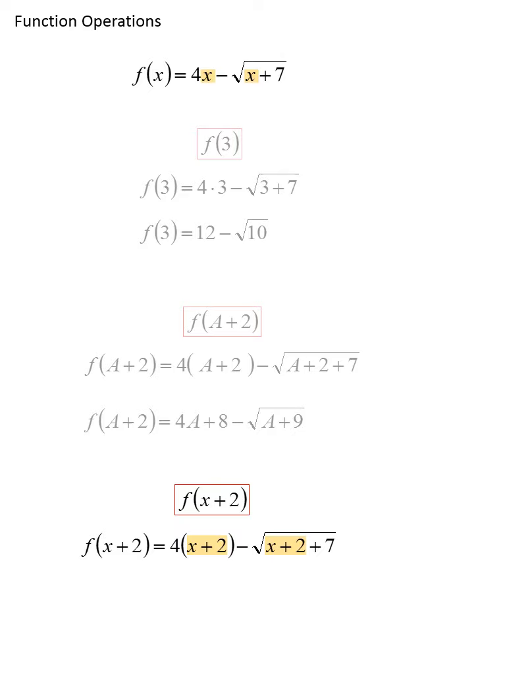It's no different than the a plus 2 problem, but it seems a little different because the letter x is involved in the original function at the top of the screen, and there's also an x in the input to the question we're doing, so it can seem a little strange. Nonetheless, some basic algebra simplification will get you to your final answer to this problem. And that's the basic part of function operations.